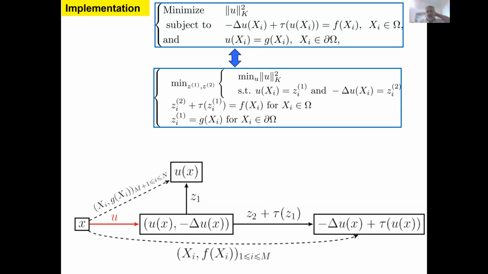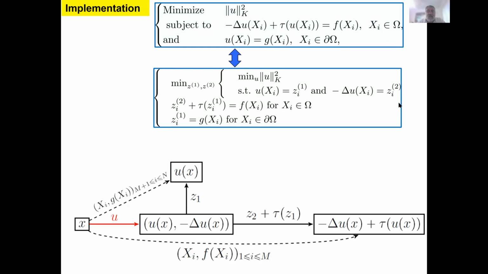Now, for the practical implementation of the method, this infinite dimensional variational problem can be reduced to a finite dimensional one by introducing the slack variable z corresponding to the values of u and of its Laplacian at the collocation points, and then minimizing over u before minimizing over z.